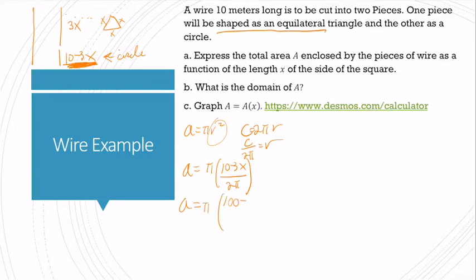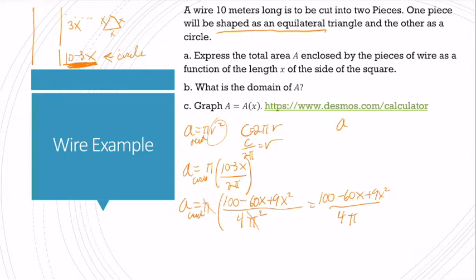I get 100 minus 60x plus 9x squared over 4 pi squared. One of these pi's is going to cancel. So I have 100 minus 60x plus 9x squared over 4 pi. This is the area of my circle.